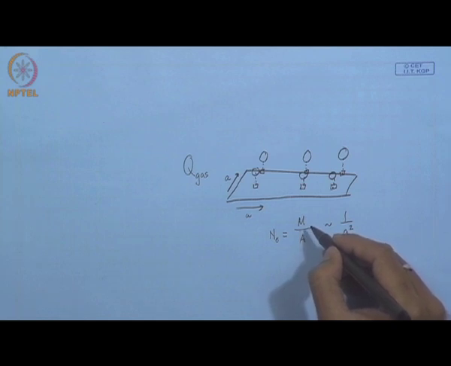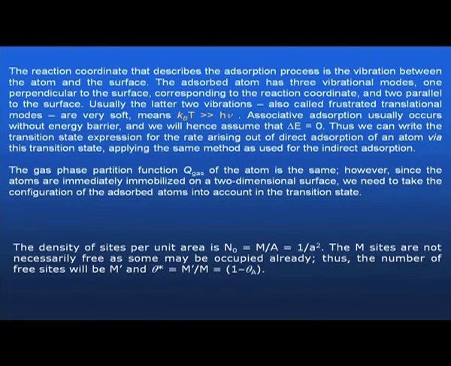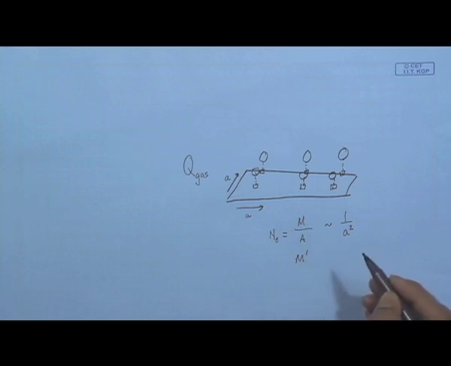Maybe when we started our counting of time, immediately before that, some of the m sites were occupied because of adsorption. Suppose initially there were 100 m sites. Maybe 90 of them are remaining free, and maybe 10 out of 100 are occupied at the very start. Therefore, we give a new quantity, defined as the number of free sites, which is equal to m primed.